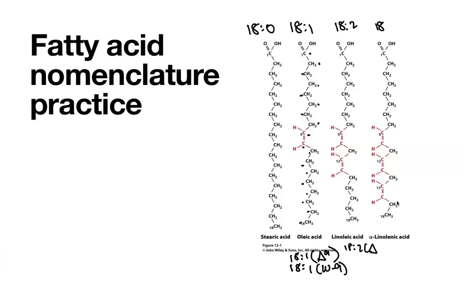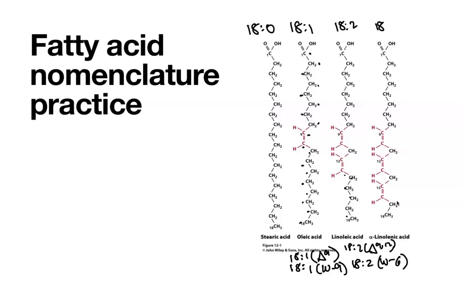We still have delta 9, but now we also have 10, 11, 12. So we have 9, 12. That would be our delta notation. In terms of our omega notation, here we have 1, 2, 3, 4, 5, 6. So this would be an omega 6 fatty acid.